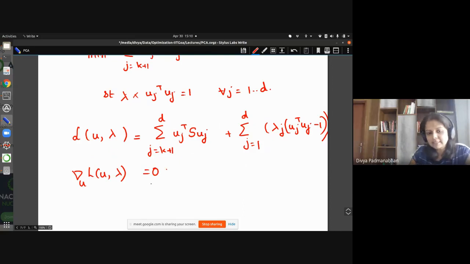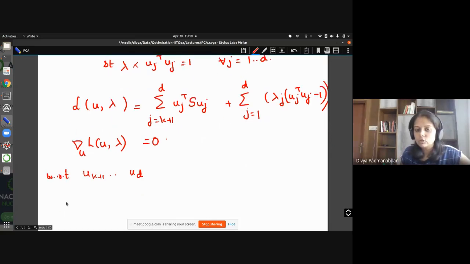Let's take each of the components, with respect to uj, from uk plus 1 up to ud. Can we take the gradient with respect to, say, uk plus 1? So what's the gradient?